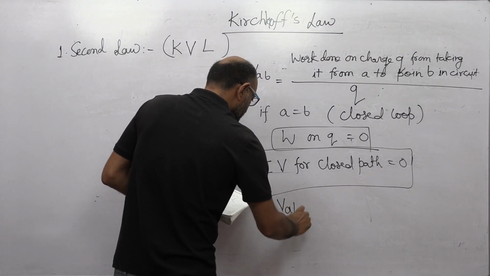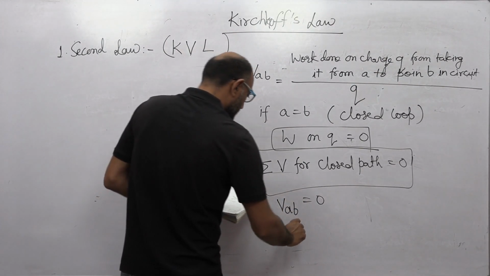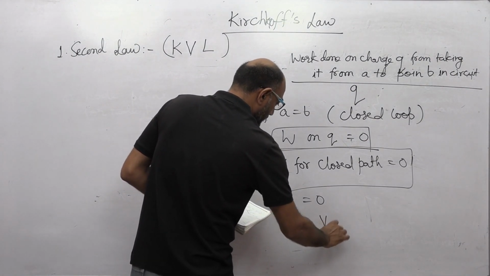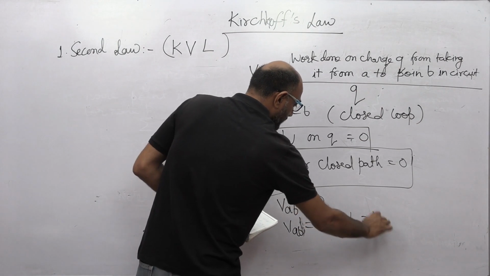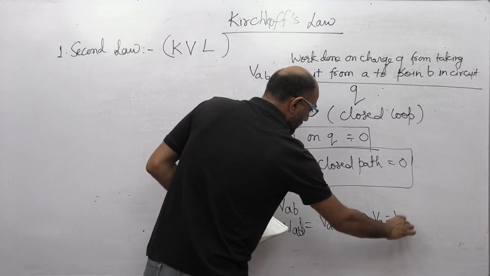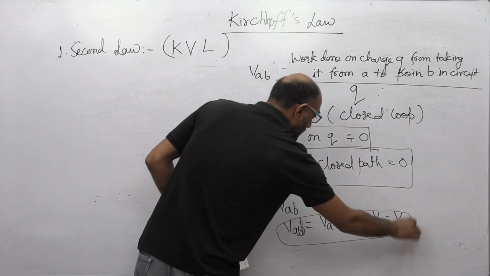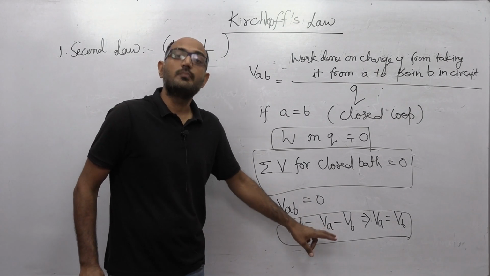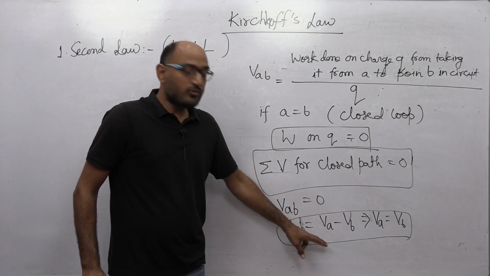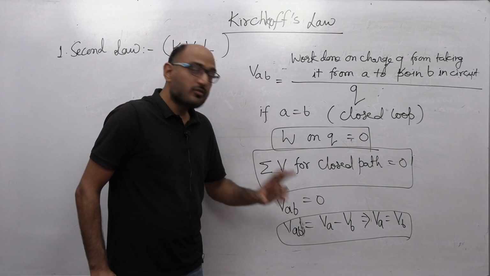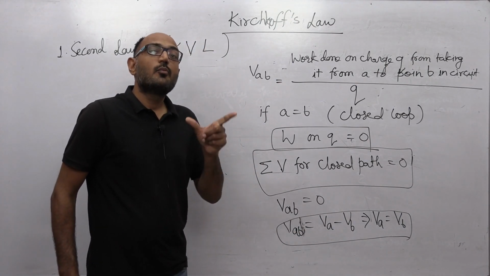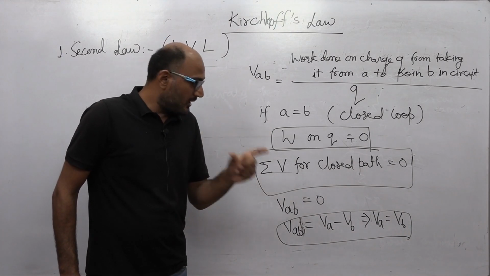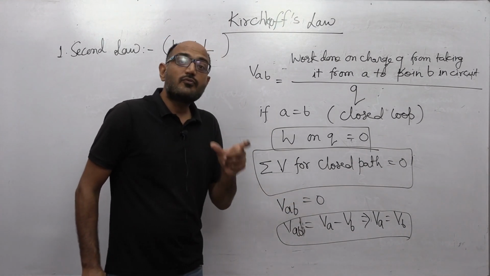So VAB equal to 0, that means VA minus VB equal to 0, right. Now I would like to pause here. Whenever I write VA, what does this mean? Because in our yesterday's class we talked that potentials are always represented with respect to a reference point.